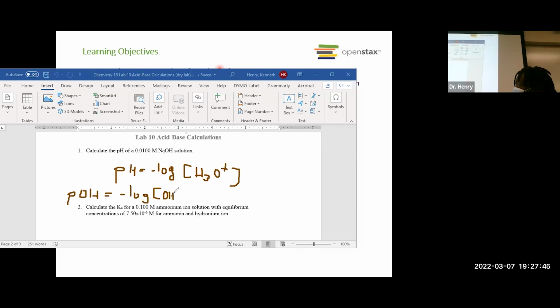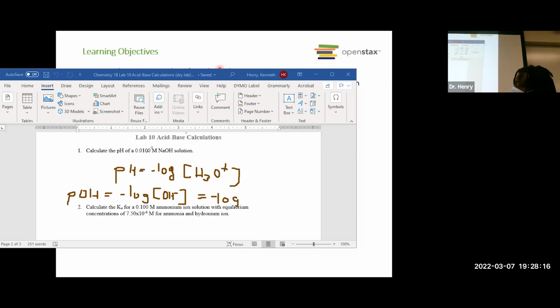Well, we know that this is a strong acid or a weak acid? I mean, sorry, strong base or weak base? Thank you, you're keeping me on my toes. Strong base, right? So we know it's a strong base. So what's going to happen with the strong base? It's going to dissociate. So we get minus log.